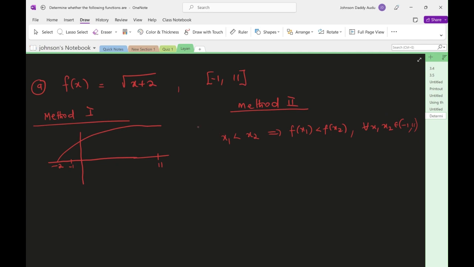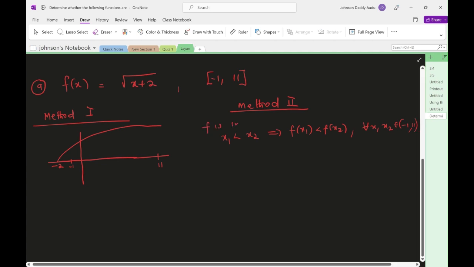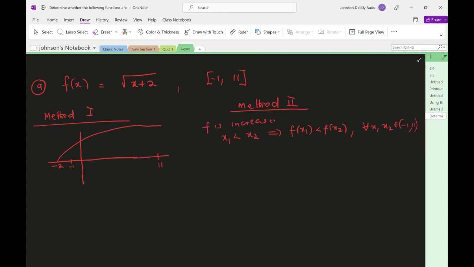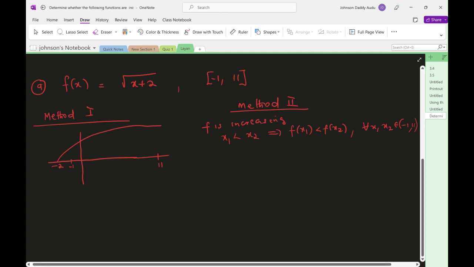So this is for increasing. But the problem with this method is that you have to exhaust all the points. It's difficult to exhaust all the points x1, x2 in your interval.